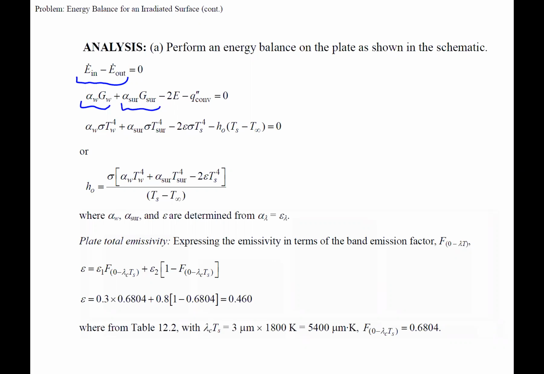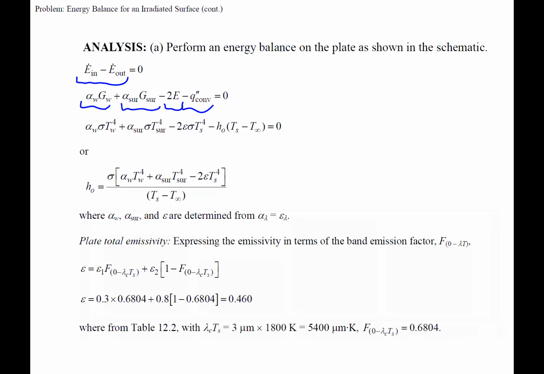And then the plate has some temperature, so it's going to have emission because it's at some plate temperature. Just like the table you're sitting at, the walls around you, whatever it is, it's emitting if it's above absolute 0. Okay. And then we have our convection, which we'll just use Newton's law of cooling.